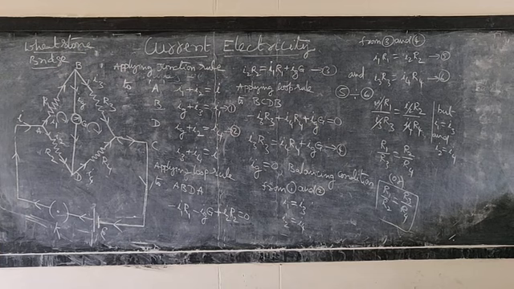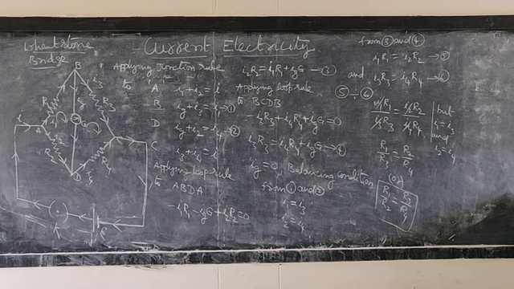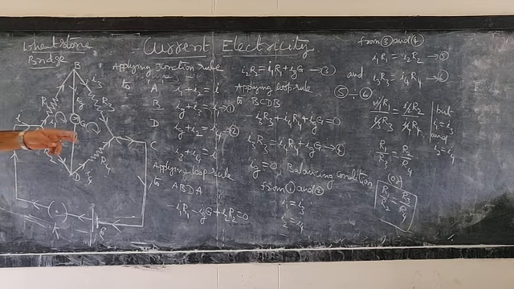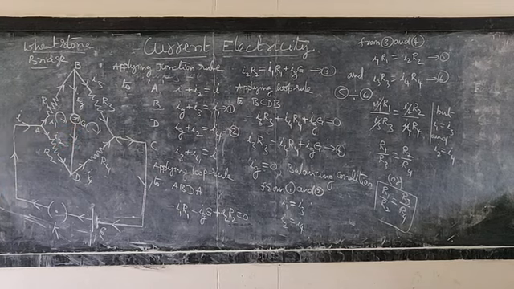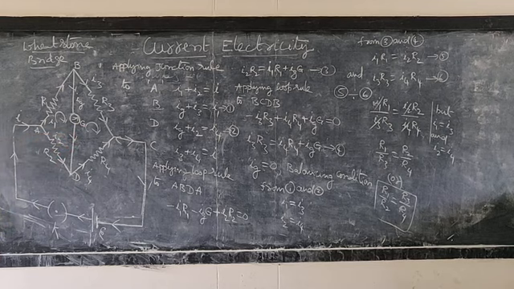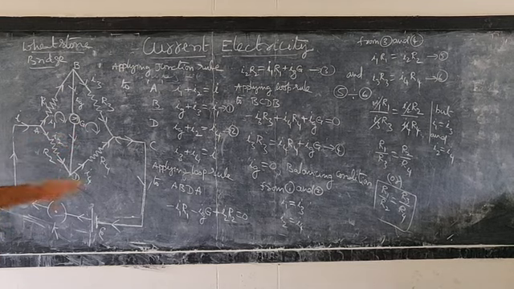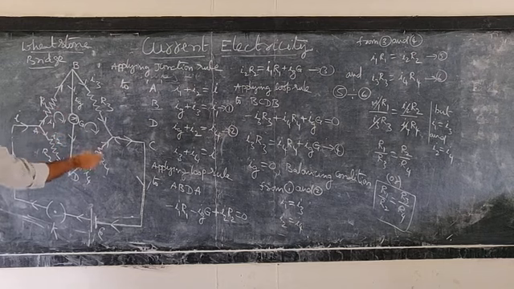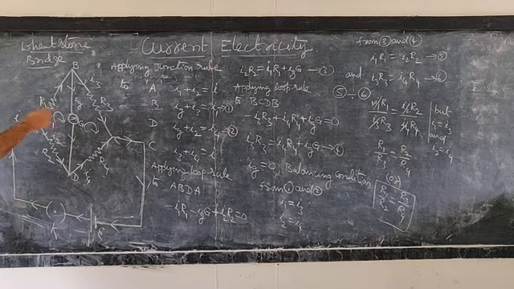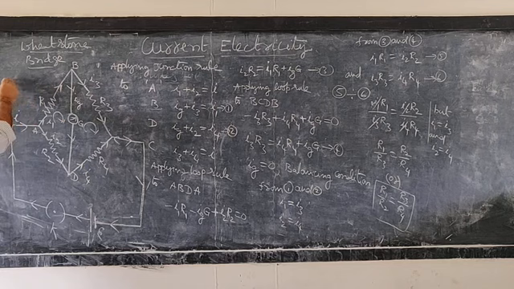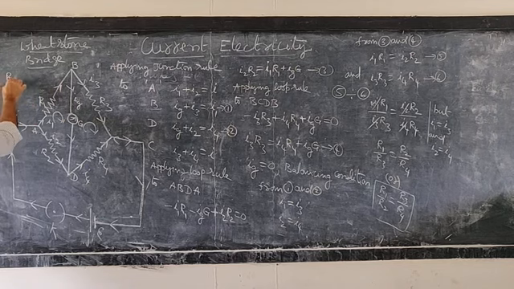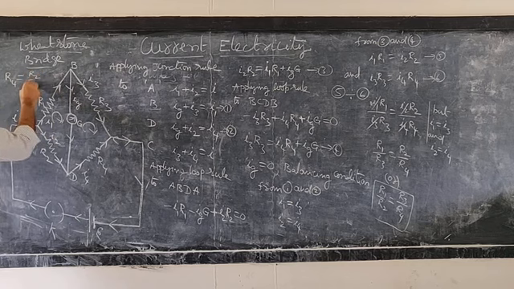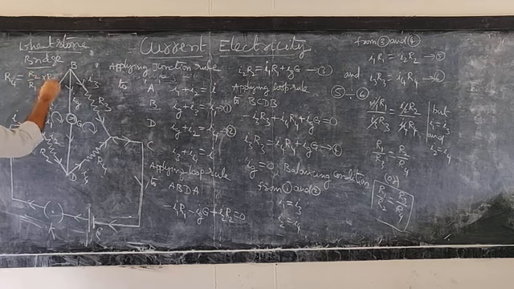Now, what is the use of this principle? If you know three of the four resistors and you don't know the fourth one, that can be calculated. For example, you know R1, R2, R3, you don't know R4, then you can write R4 from that equation as R2 by R1 into R3.